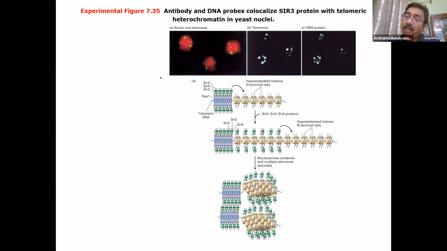Therefore, the interaction between the histone and the DNA is less intense. But once you remove the acetyl group, now the positive charge of the lysine is exposed, and then the interaction between the nucleosome or the histone and the DNA is much stronger.